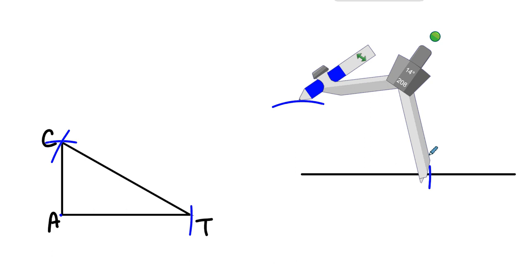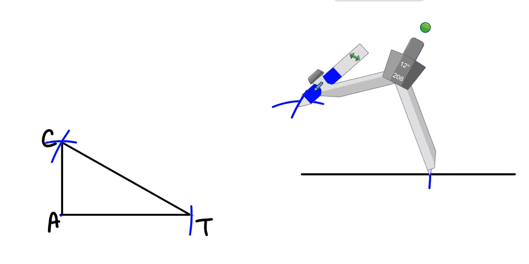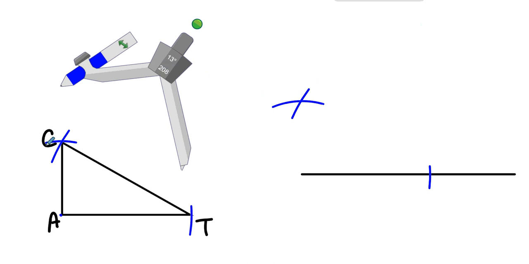Well, if we bring that over here and we make an arc, what does that tell us? Well, the image of C has to be on this arc, and the image of C has to be on this arc. So this is the third vertex of our triangle.